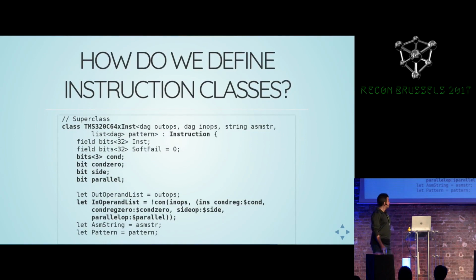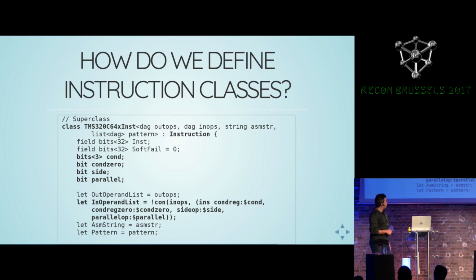Now let's see how we define instruction classes. We make subclasses from the instruction class, and we first make the superclass common for all instructions. We define the condition, if the register is 0 or not, and the side, and whether the instruction is executed in parallel with the rest of the instructions.